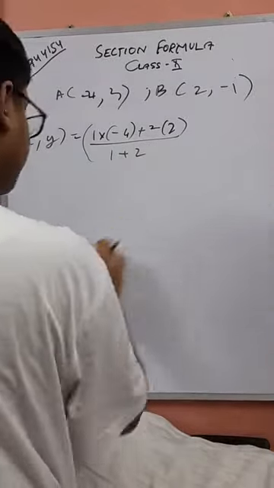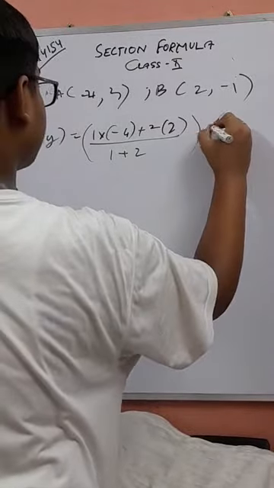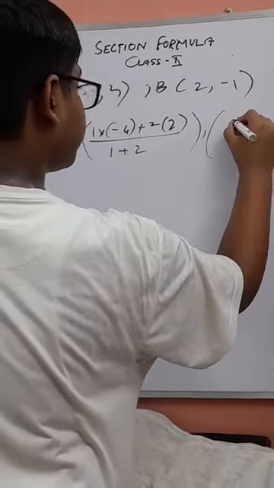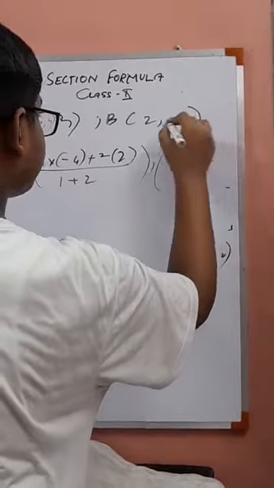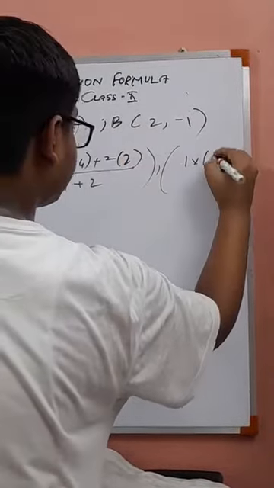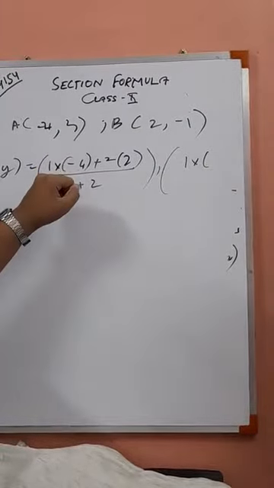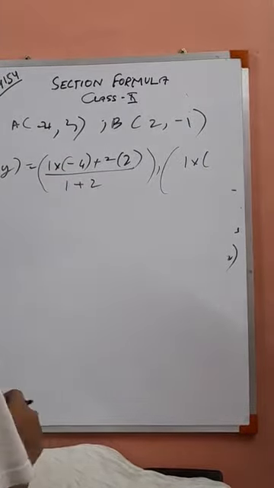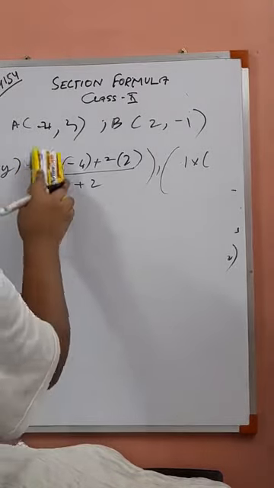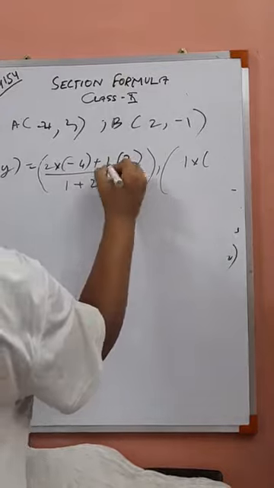Now continue. 1 comma 1 into minus 1, I mean 1 into 3, wait a minute, 1 into minus 4, that will be 2 here, it will be 1 here, 2 and 1.